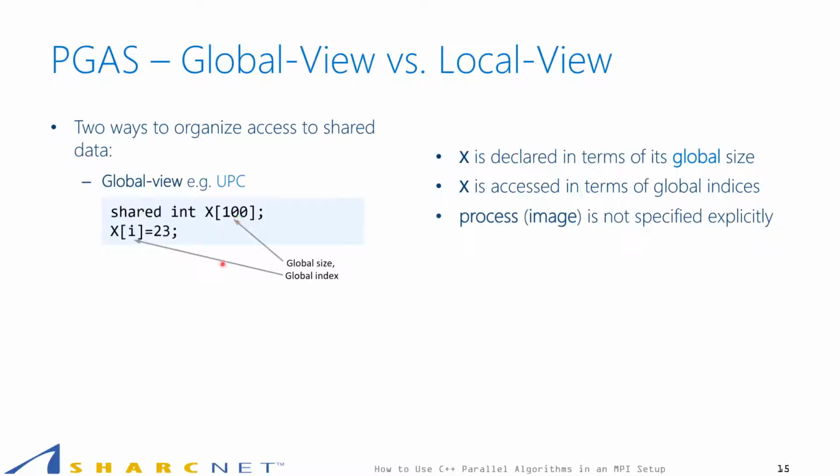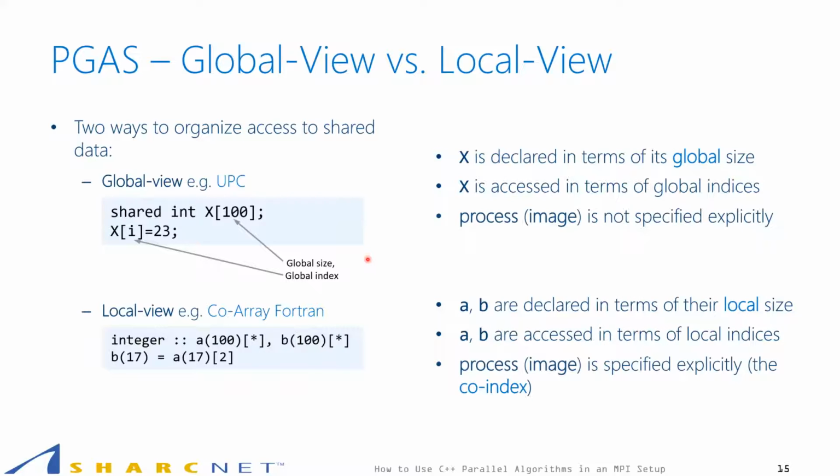Here x is declared in terms of global size and also accessed in terms of global indices. And the process, which is a term in MPI, or its synonym image in Co-array Fortran, is not specified explicitly here.